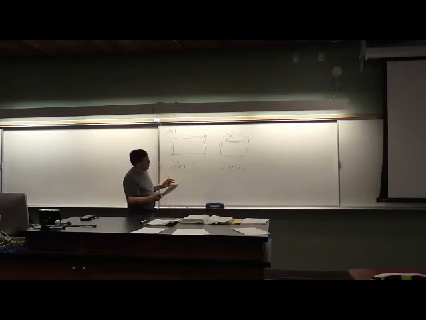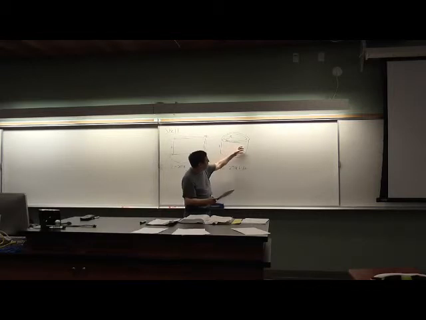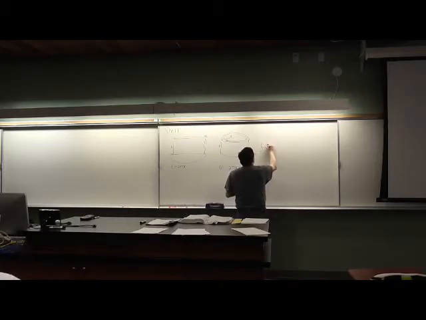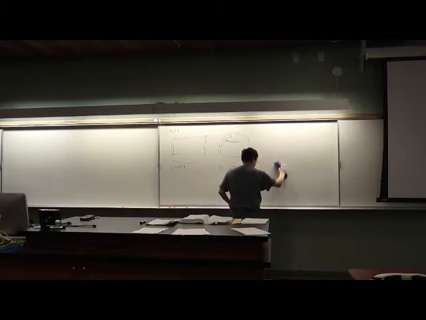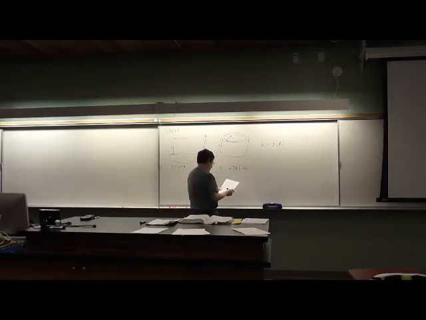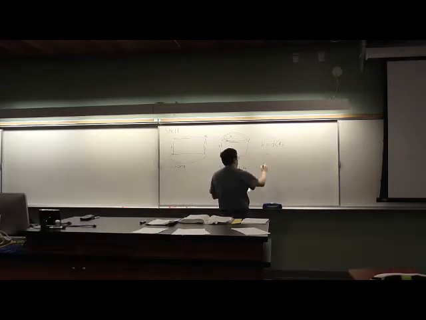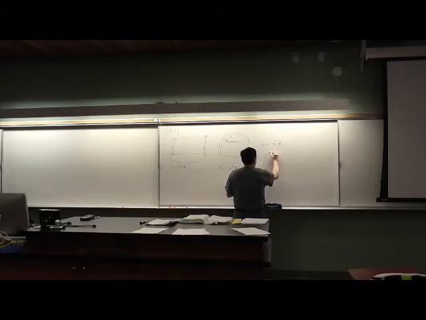So the idea behind the shell method is if you can break up your volume into a bunch of shells whose height you know based on the radius, some function of radius, then I can integrate along this radius from, let's say, R1 to R2 of 2 pi.